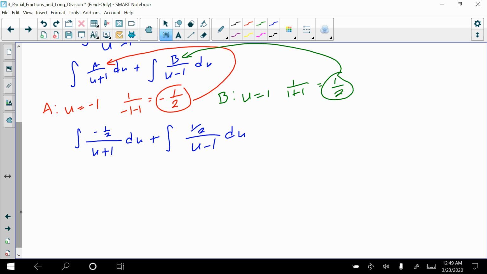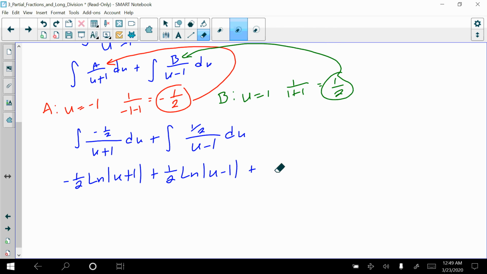The fraction on the left will give me -1/2 multiplied by the natural log of u plus 1. And then the next one will follow suit, and it'll be 1/2 times the natural log of u minus 1. And because we're doing indefinite integration, we're going to say plus C for a constant.